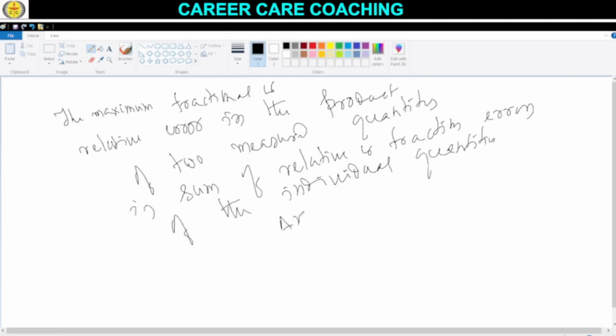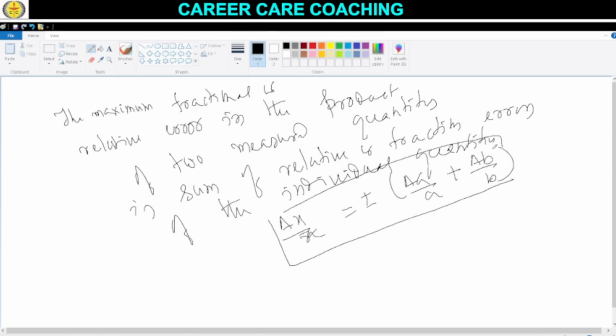So that is your delta X by X is equal to plus or minus delta A by A plus delta B by B. So this is in a product. So thank you.